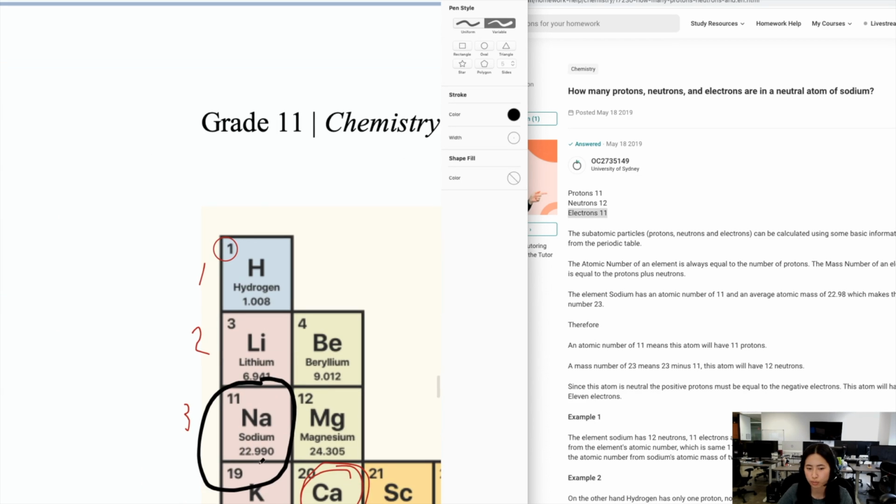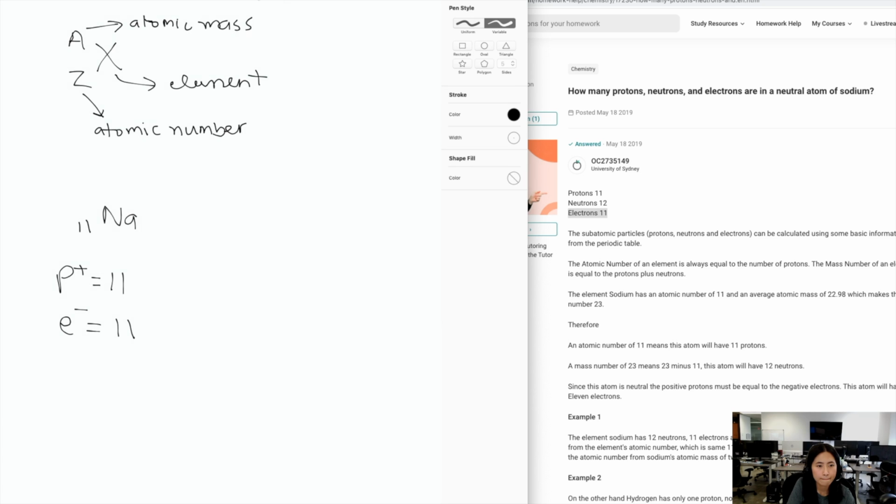Okay, that's where sodium is. Hopefully you guys can see that it's 22.99. So that means you have 23 for sodium, because it's 22.99. That's your atomic mass, so we can just round it to the nearest whole number, so that's 23.